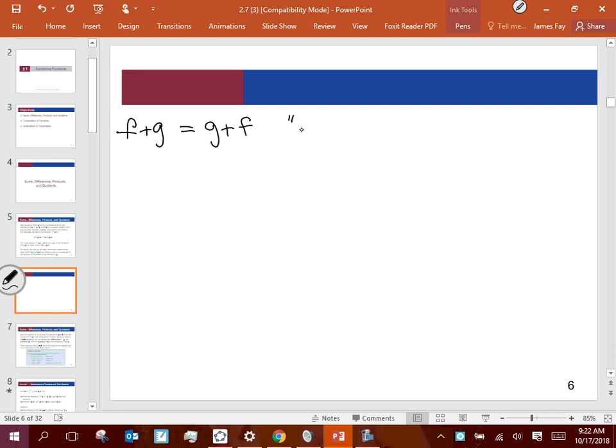And that's because addition is what property? Commutative. Now here, F times G, is that the same as G times F? Yeah, because multiplication is commutative, right?